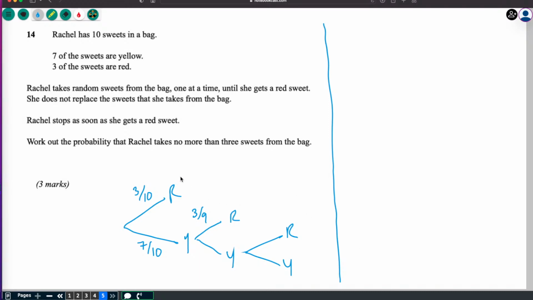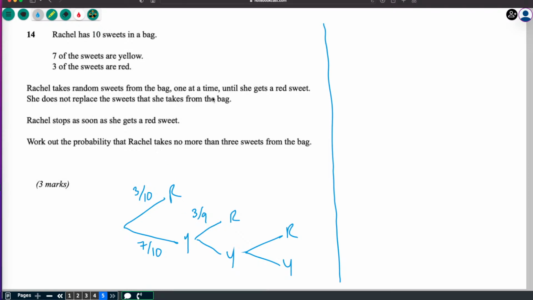Okay, so the reason we don't need to draw this tree anymore is because that is not part of this problem. We only need to care about when she picks a red sweet. So as soon as she picks a red sweet, the problem stops. There's not going to be any more continuation, right? So when you draw a tree diagram, you're drawing all of the possibilities of that problem, all of the possible continuations.